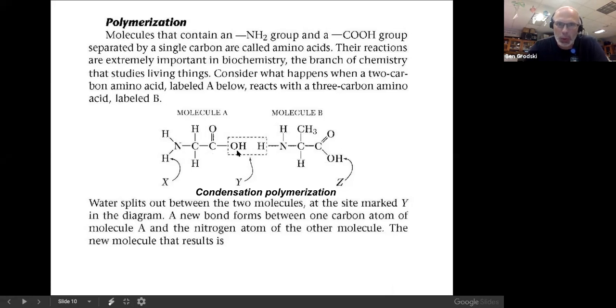It's got a carboxylic group, that's the acid part, and then it's got an amine group. There's the amino, and here's the acid. Notice this is the secondary carbon, and this is where the R groups are. So these are two different amino acids. And when these collide with the right orientation, water comes out.